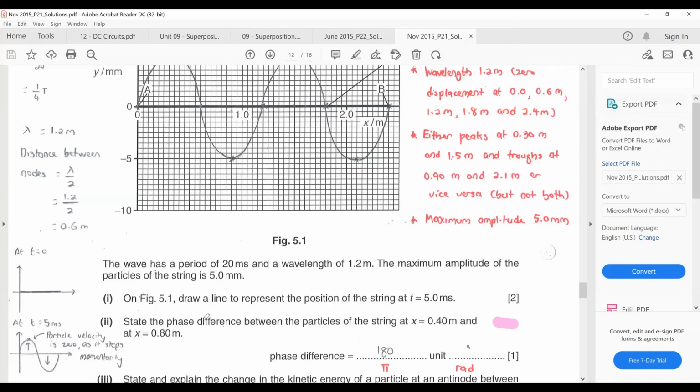Now the question is asking you to state the phase difference between particles of the string at x equals 0.4 meter and 0.8 meter.